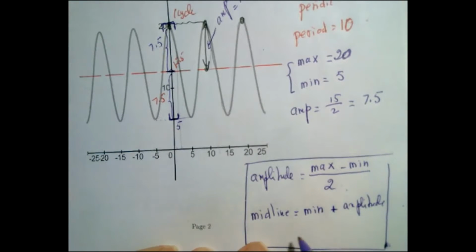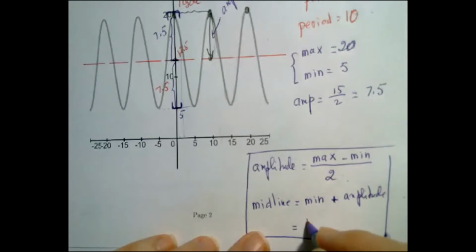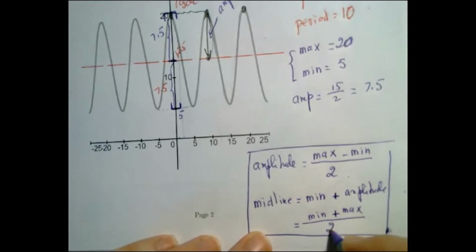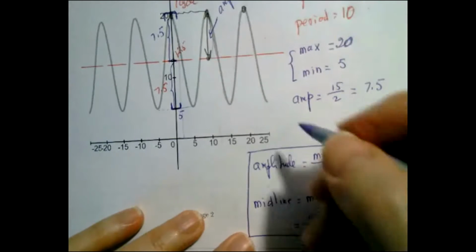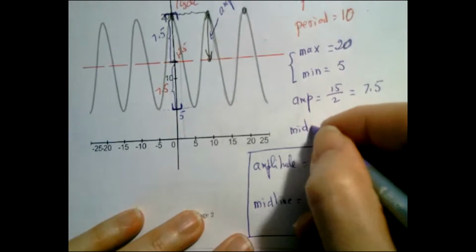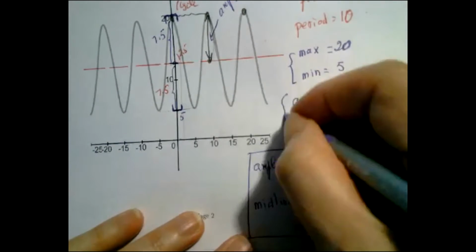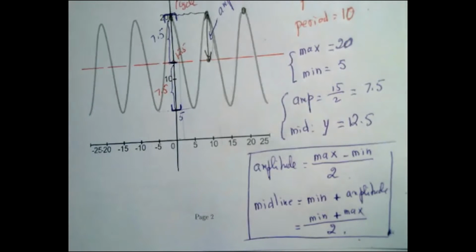Okay. And there is another formula for it. I hate formulas, usually. Another formula is the minimum plus the maximum divided by 2, because this will give you halfway between 20 and 5.